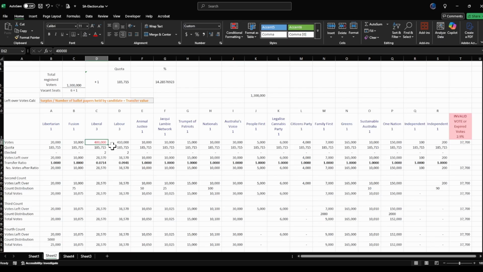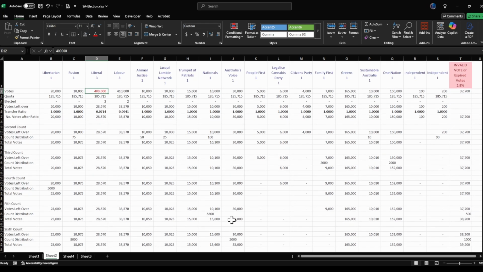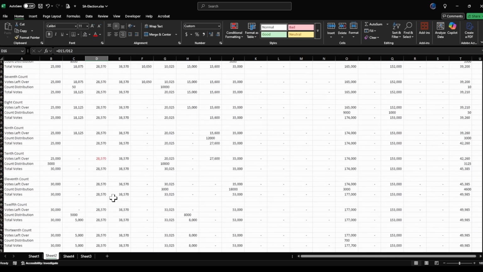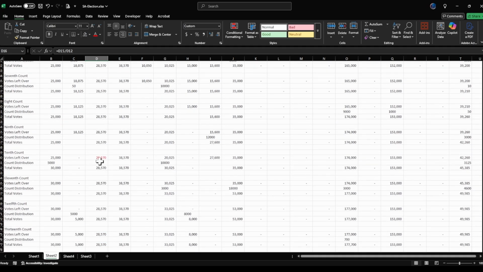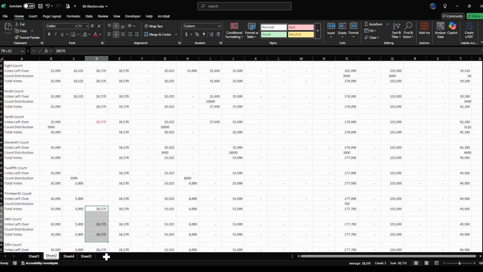So that whole 400,000 votes is now going to be counted and split amongst the various parties. But the way they do that is, as they split that up, each vote is only worth this amount here, which I'll just mark red. So from here, what we actually will do is they're now wiped out, so they can't progress anymore. And that should have gone all the way down there.